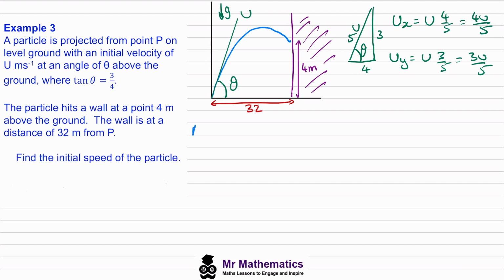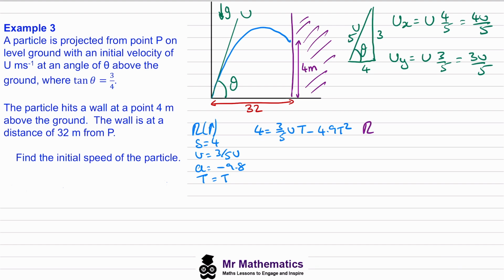So if we resolve upwards, we know our displacement vertically upwards is 4, our initial velocity is 3/5 u, our acceleration is negative 9.8, and we can call the time capital T. So our displacement will be 3/5 u times t minus 4.9 t squared.